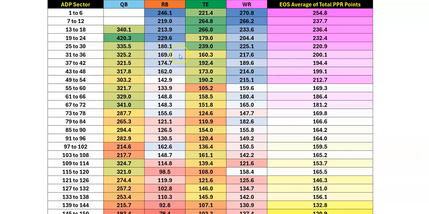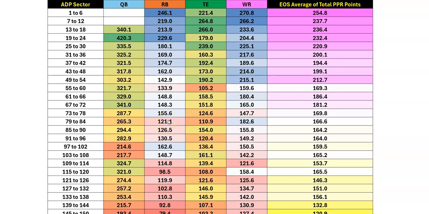So the next 2 rounds, 80 to 160. You've kind of got this tier with these points here, and then 49th down to about 78th, you've kind of got this group. You have some interesting things happening.